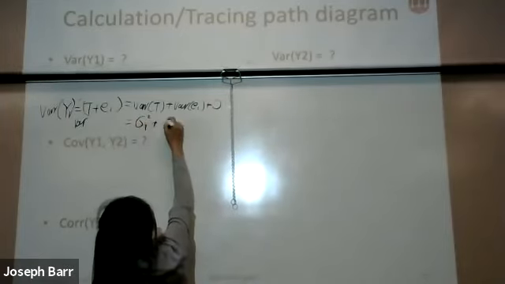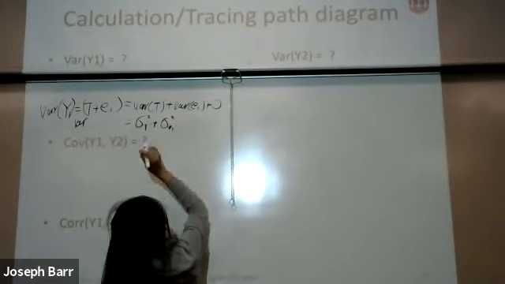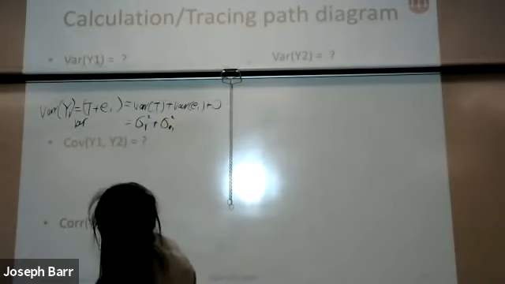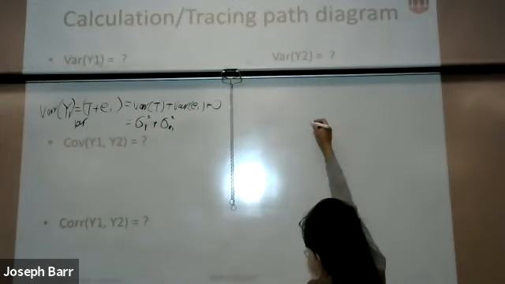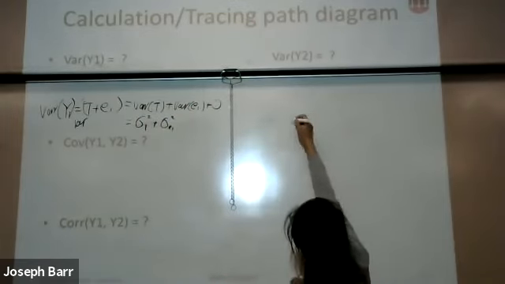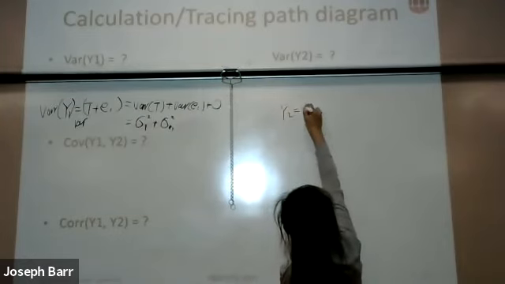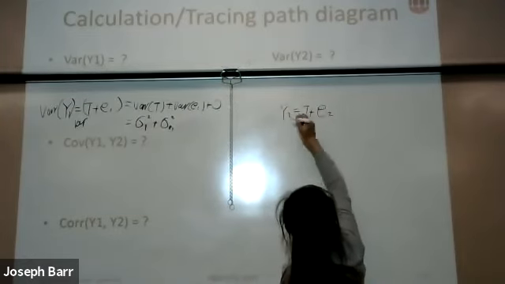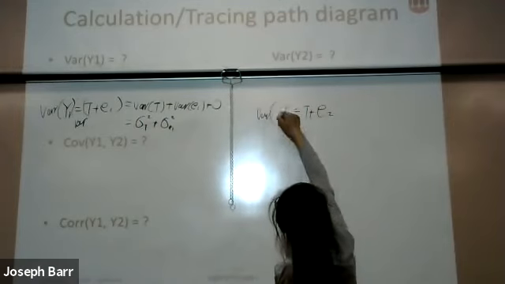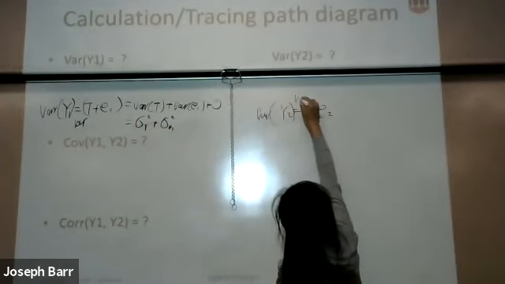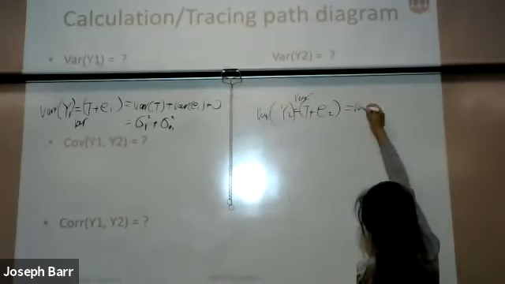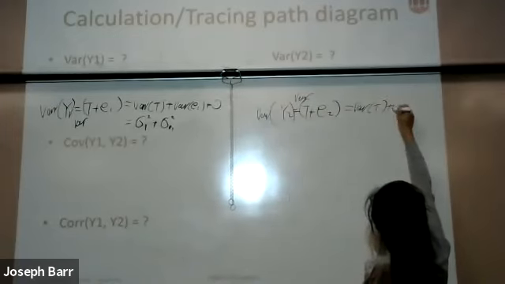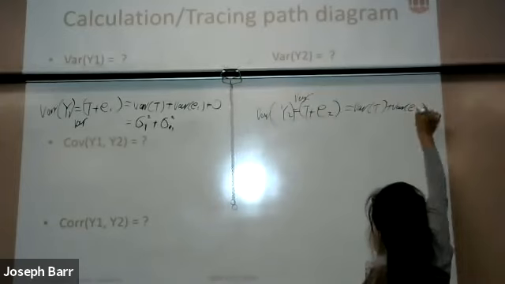And for the variance of e part, that is the assumption. And for the variance of y2, same thing. Y2 is t plus e2, and the variance of y2 is just like the variance of this part: variance of t, variance of e2.